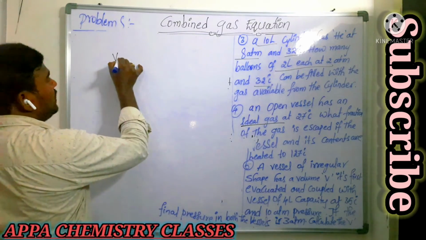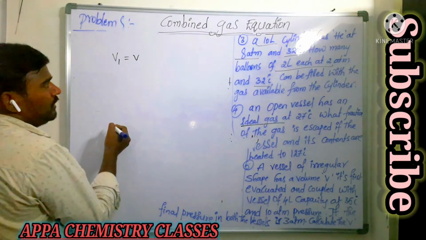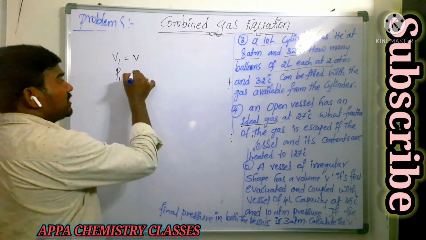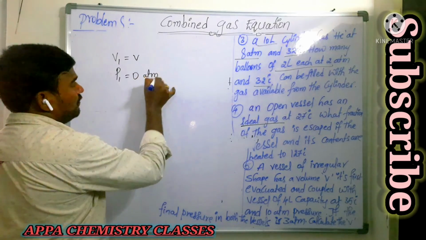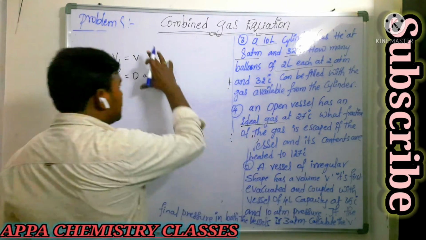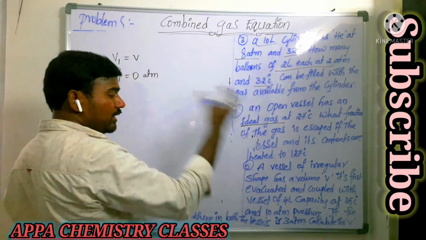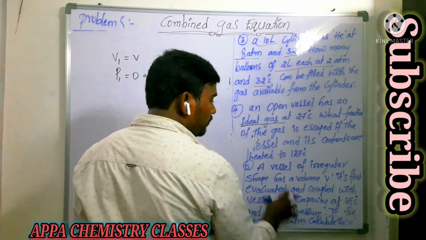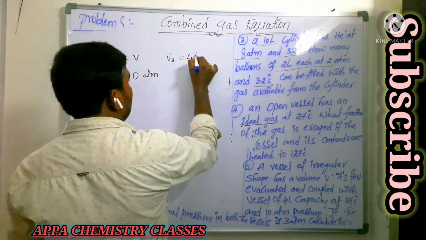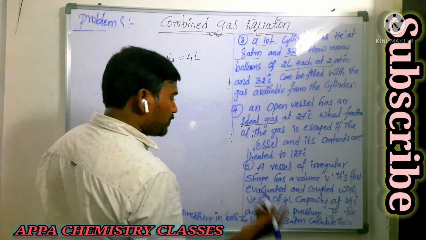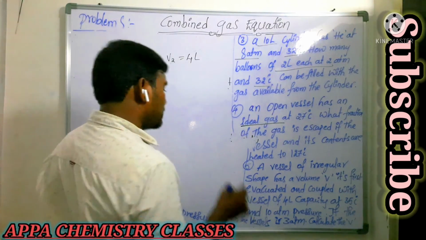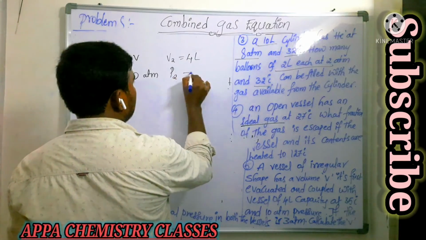Now what they are saying: initially the volume of the vessel will be V1. It is evacuated, which means its pressure is 0 atmosphere. It is connected to another vessel of 4 liter capacity at 35 degrees Celsius, whose pressure P2 is 10 atmosphere.